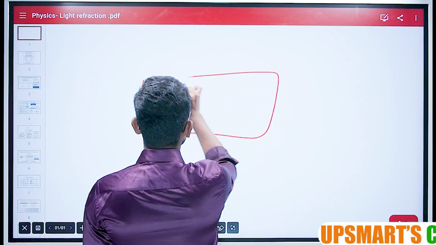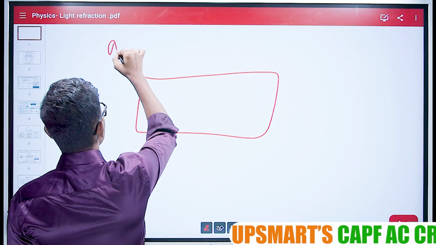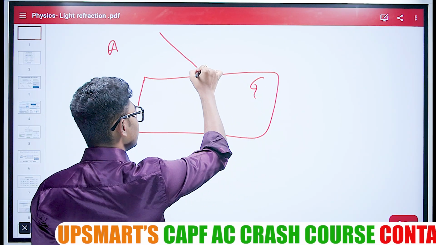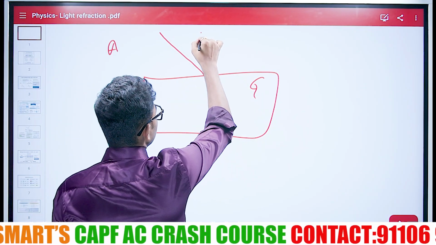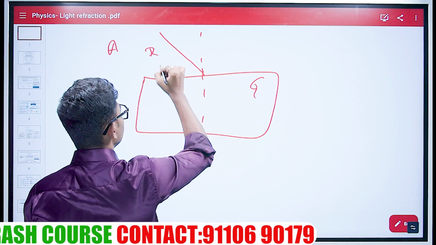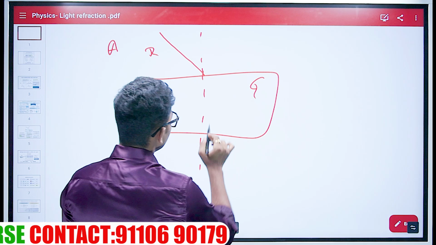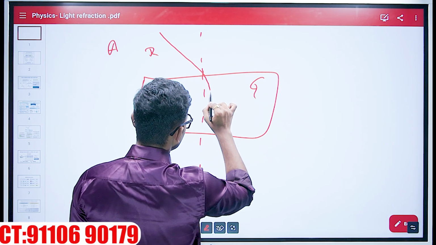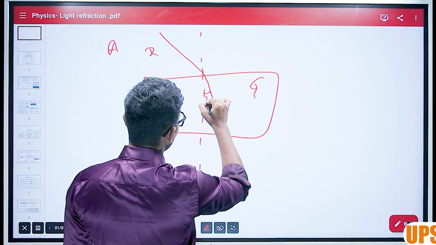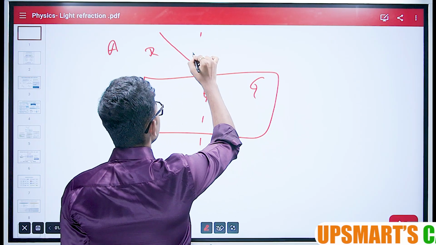Assume this is glass, this is air, this is glass. When the ray is coming incident on the surface, let's draw the normal to it. Rarer medium, denser medium. The ray bends towards the normal.